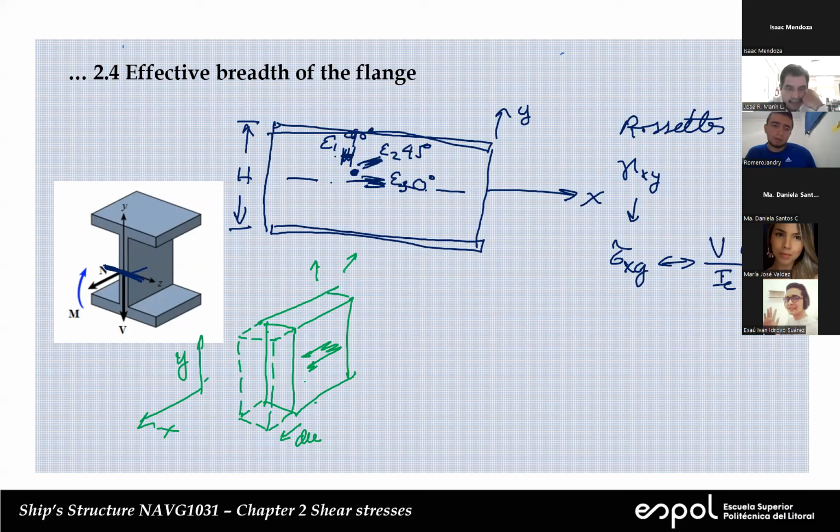If I use this in order to calculate gamma, what I'm going to obtain is the distortion of this element. This is the original, and what I'm going to obtain is this.